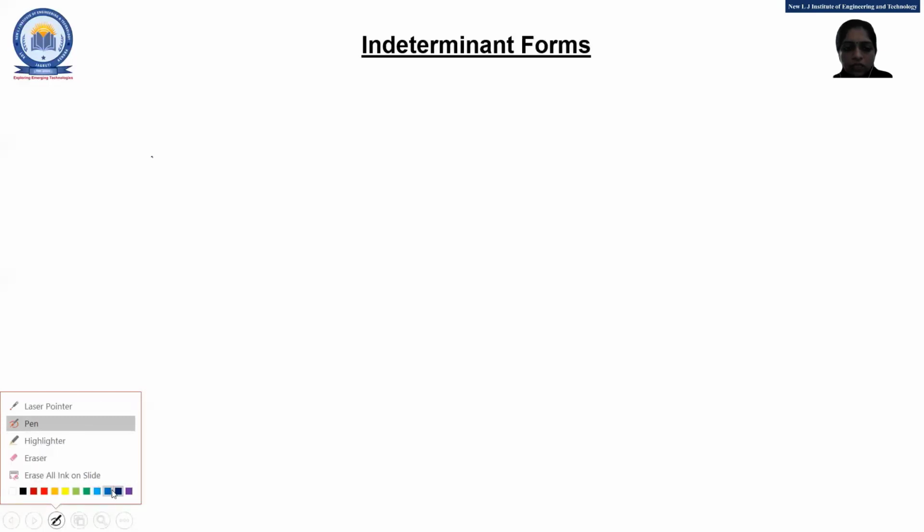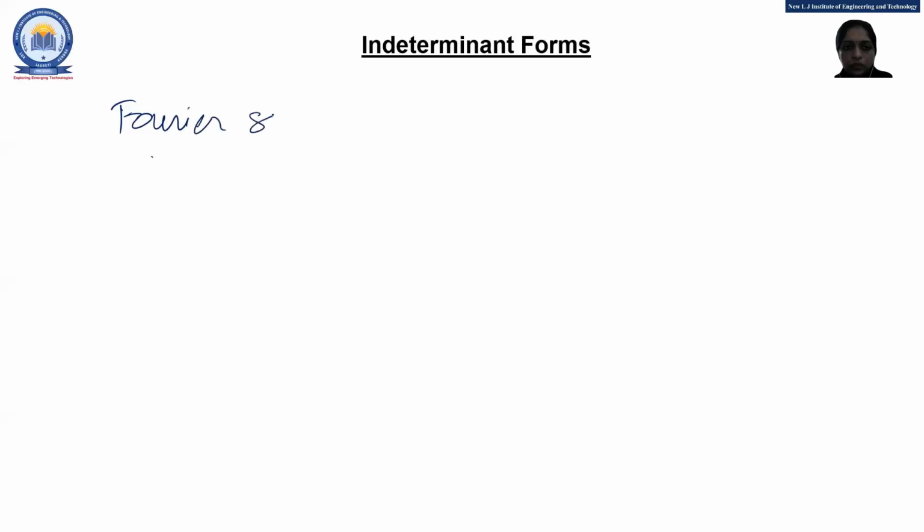Okay, so let's start one more example. But before going to one more example, see, in our internal exams, the first chapter we did, that is Fourier series, right? You have to do the whole chapter.